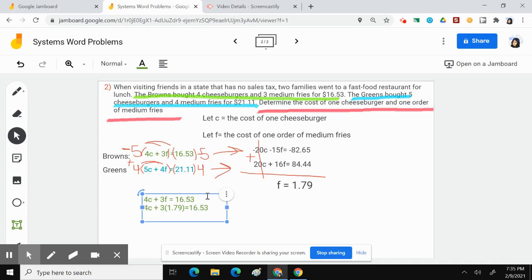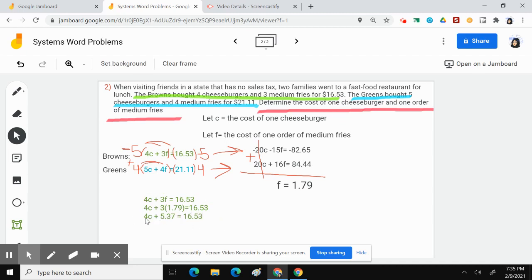I'm going to do 3 times $1.79. That's going to get me 5.37. Equals 16.53.